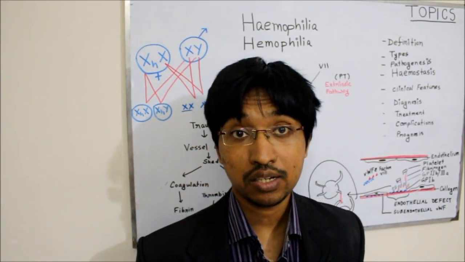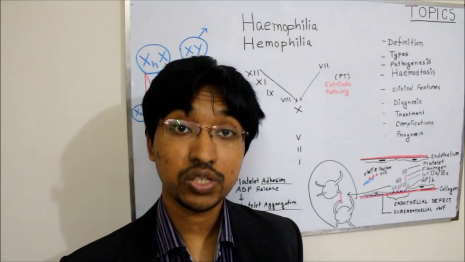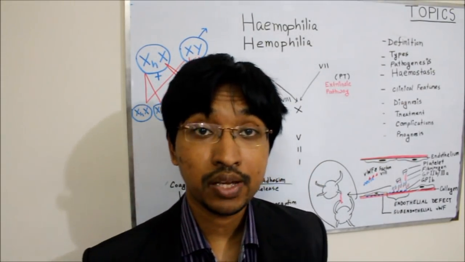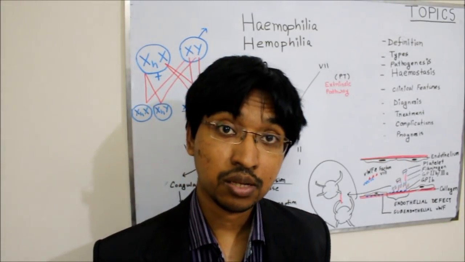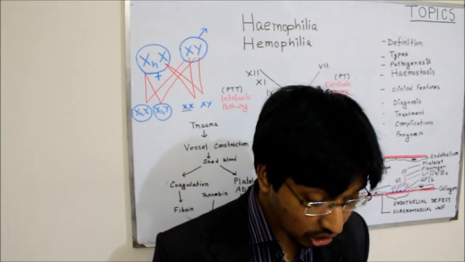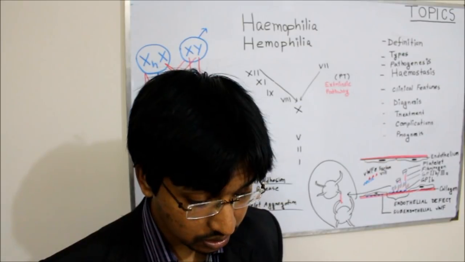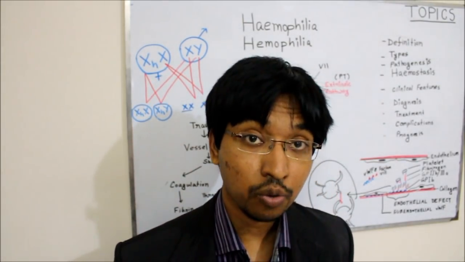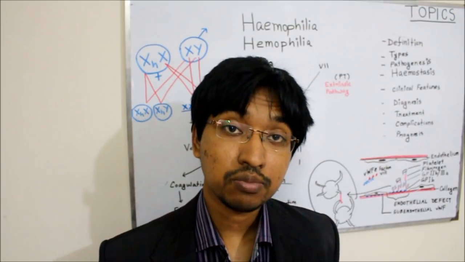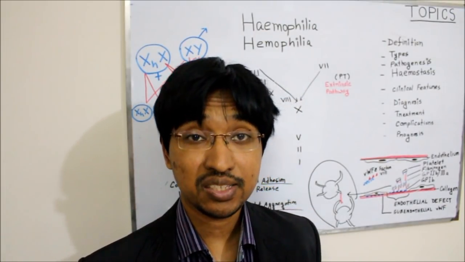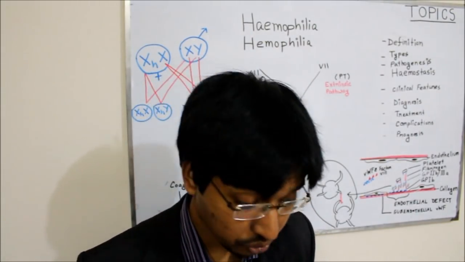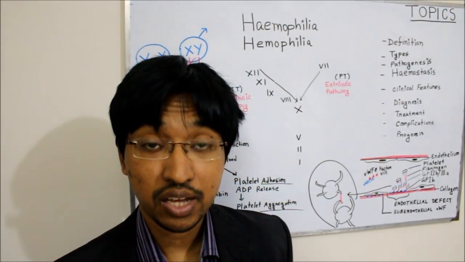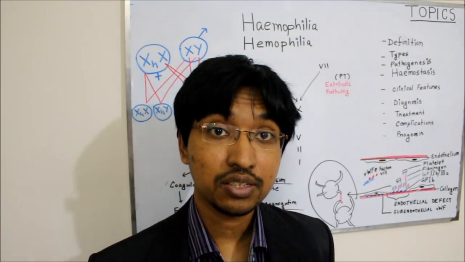Sometimes the blood can get clotted inside the urethra, and in that case urine outflow may become obstructed, and sometimes the patient may have a sharp pain in his lower abdomen. So these are the complications of hemophilia. Sometimes in extremely rare cases there may be intracranial hemorrhage or bleeding from the oropharyngeal cavity, and those can be really dangerous.